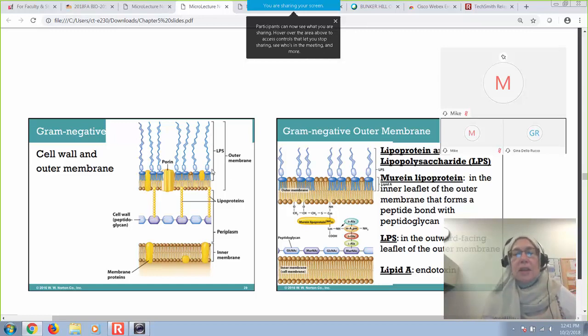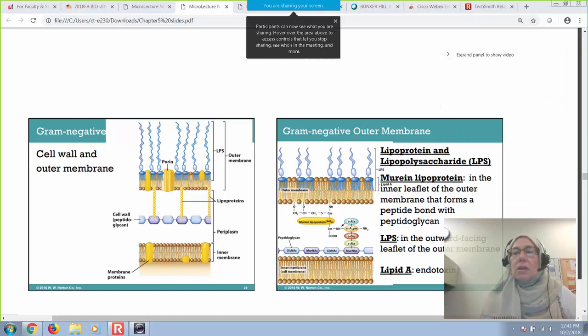And lipopolysaccharide is mostly a sugar that's covalently attached to a lipid. So here in the bilayer you can see the lipid portion, and then jetting out into the outside environment is the polysaccharide, the chain of sugars.